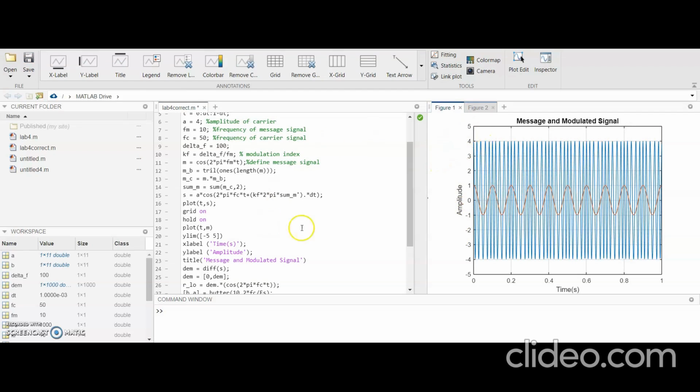So from here we can conclude that the higher the amplitude of the carrier, the higher the amplitude of the modulated signal.